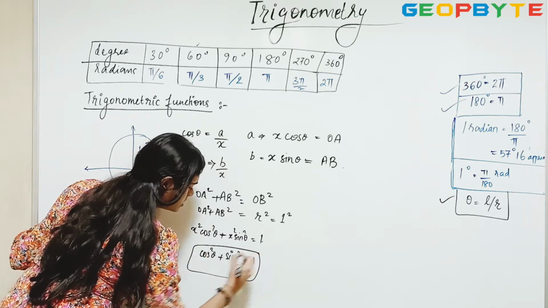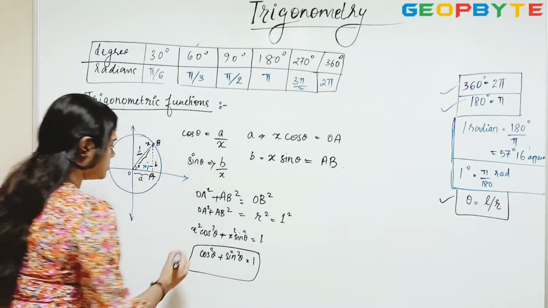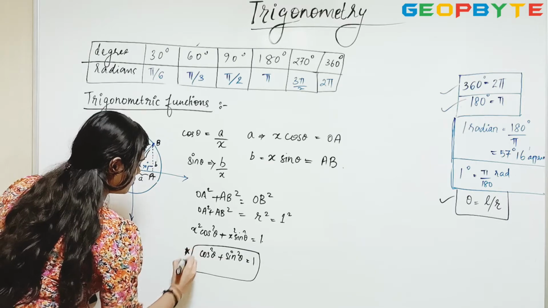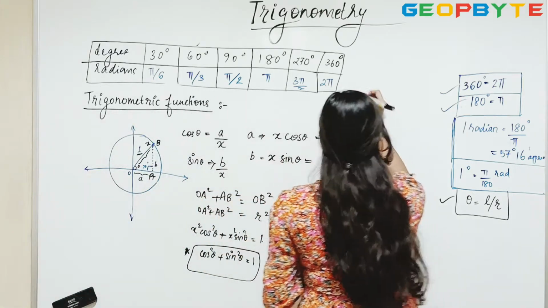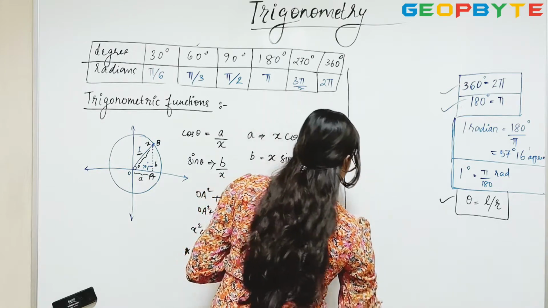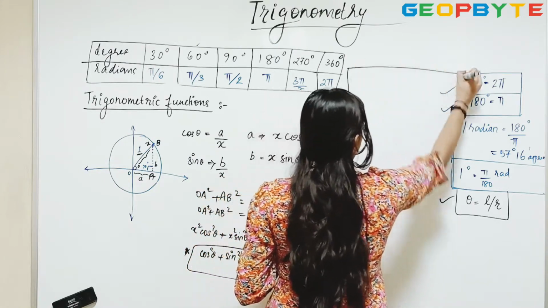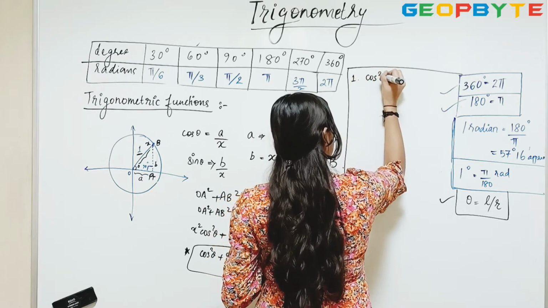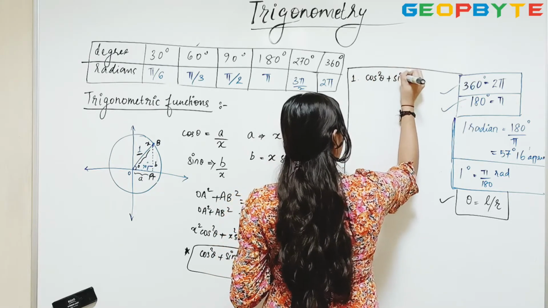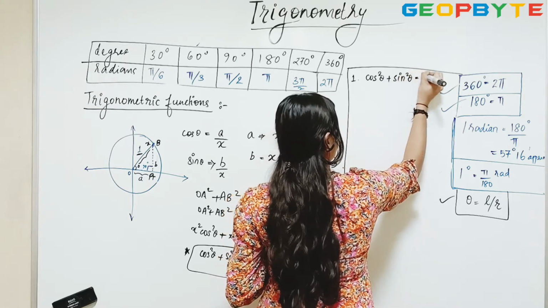So this is a very important formula. So this is how we reach the very first trigonometric formula, that is cos square theta plus sin square theta equal to 1.